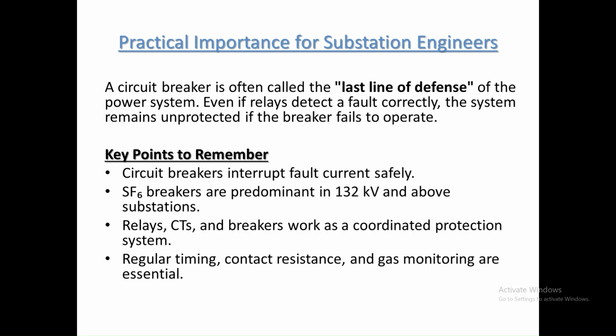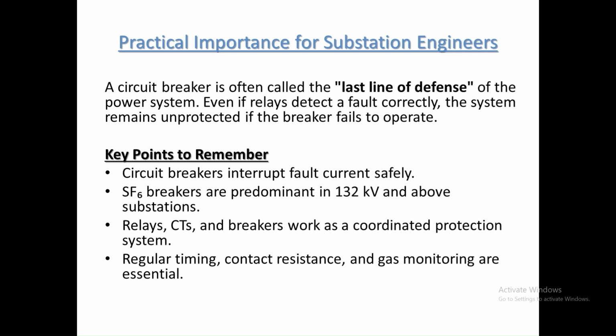So from all the slides we have discussed, we have come across the breaker and the types of breaker, how it functions during normal and abnormal operating situations, the flow of operation, the constructional details, the rating, the applications, the functions, and the circuitry involved.